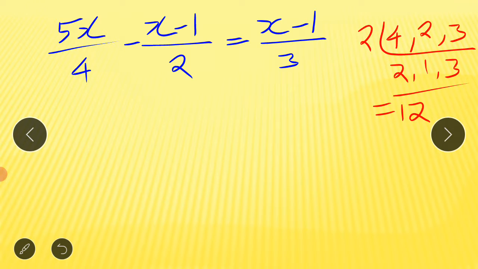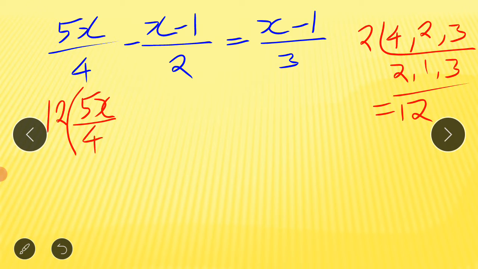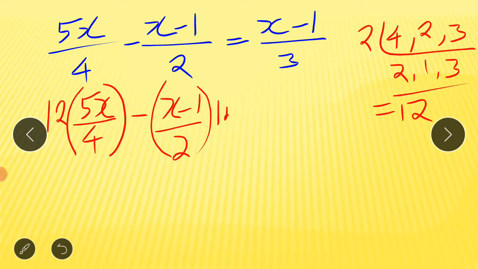So now 12 multiplied by 5x/4. Let me write one more time. The LCM is 12, so 12 into 5x/4, minus again 12 into (x − 1)/2. We can also write it as (x − 1)/2 into 12; that is also possible.